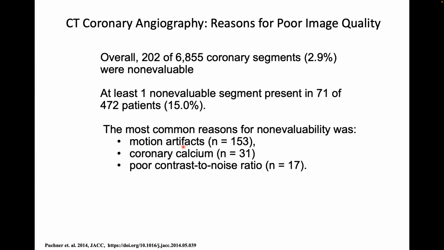Okay, so one of the issues is the heart rate, and this is data from 2014, right? So these images were obtained probably from 2005 to 2012 or something like that. Scanners were not as good back then. The gantry did not rotate as fast. So it was absolutely essential that the breath holding was perfect and that the heart got into a quiescent phase.